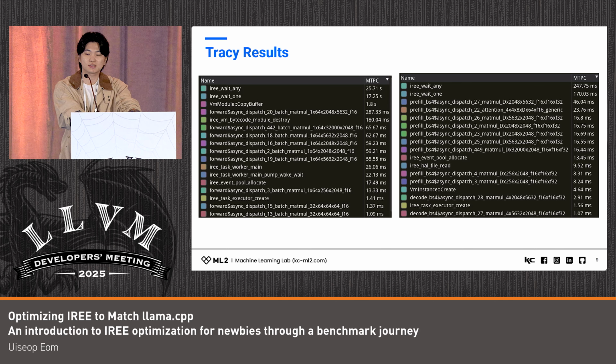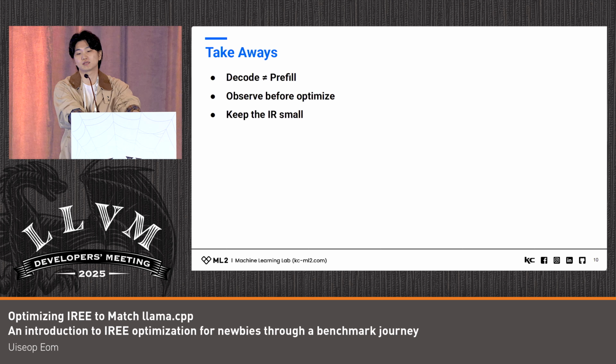Some takeaways from my journey: first of all, observe before optimizing, which, if I had done, I would have saved much more time. Also, decode and prefill time are always different when using ML programs and compilers, because prefill works on GEMM matrix multiplication, while decode works more on GEMV matrix multiplication.